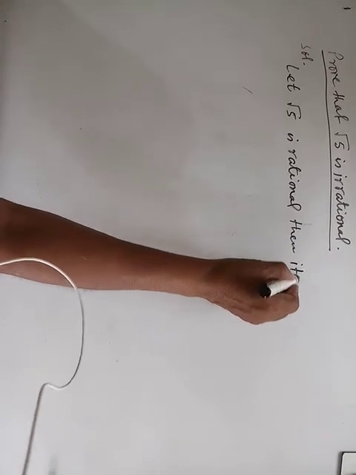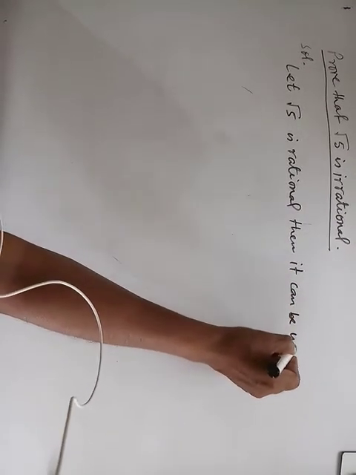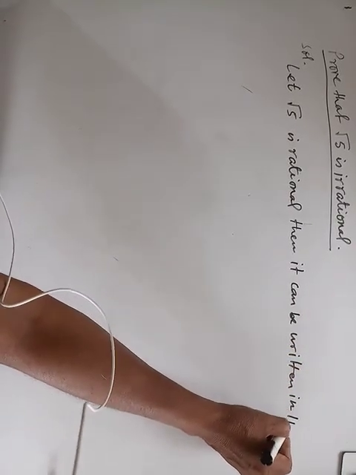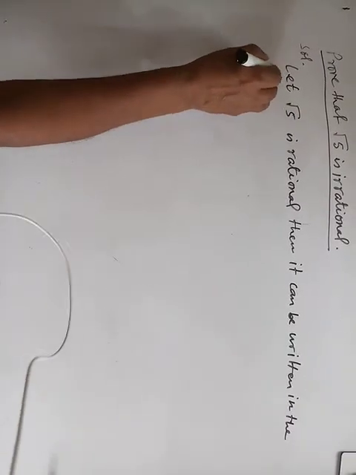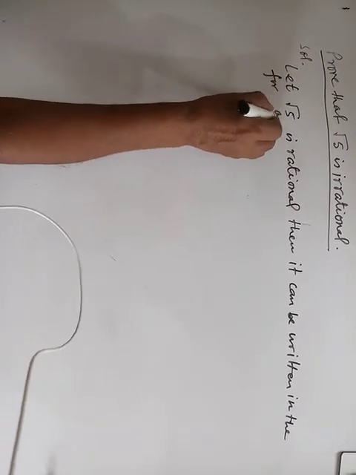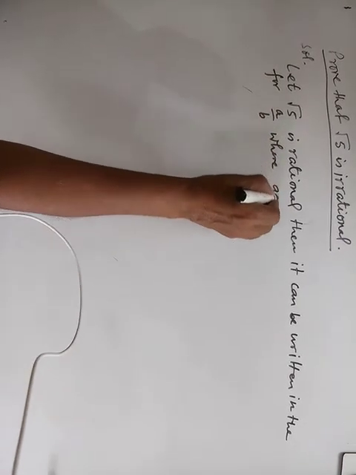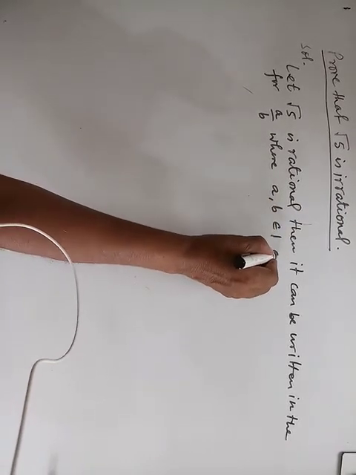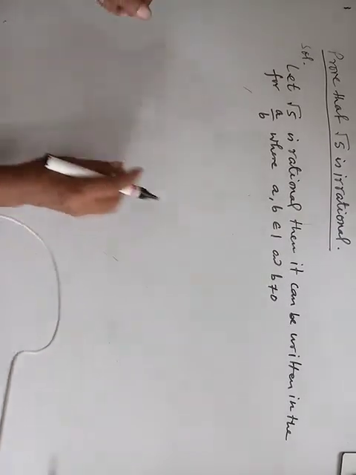Then it can be written in the form a by b, where a and b belong to the integers and b is not equal to 0.